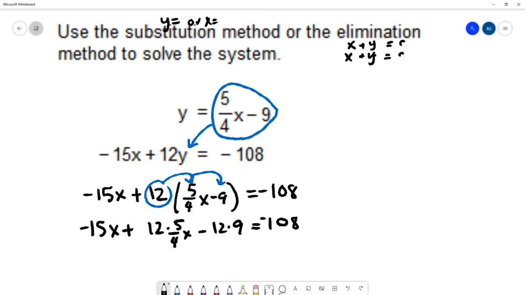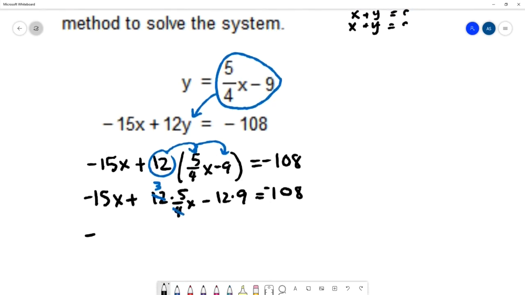So let's see. I know that 4 goes into 12 3 times. So we have negative 15x plus 3 times 5, 15x. And we have 12 times 9 is a minus 108. Negative 15x plus 15x zeroes out.